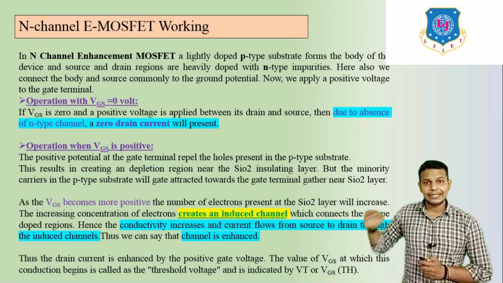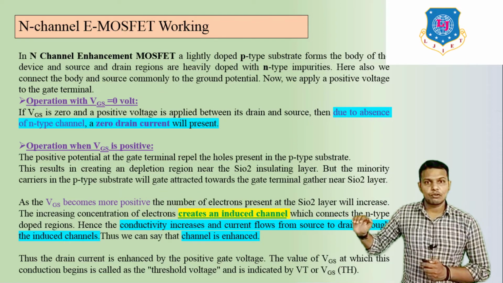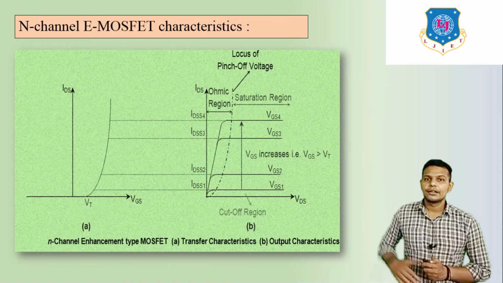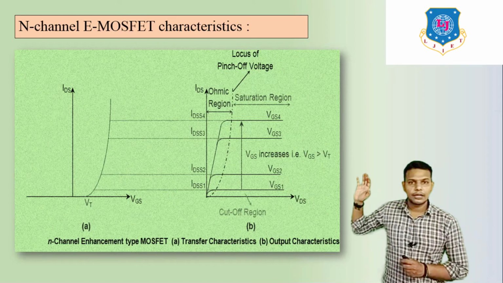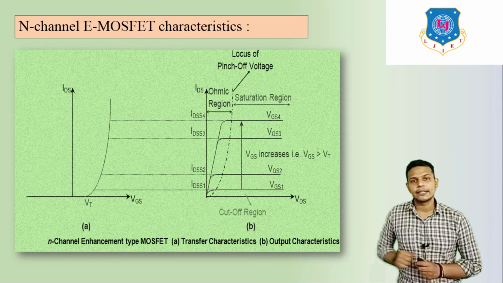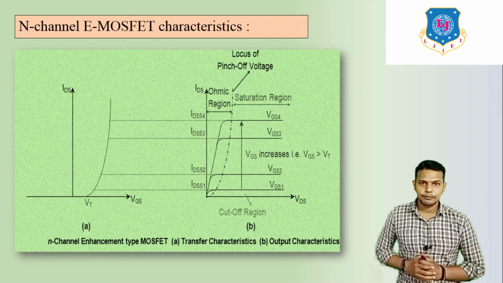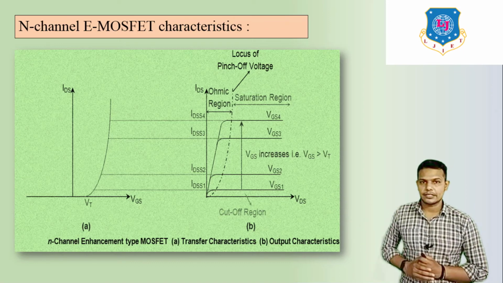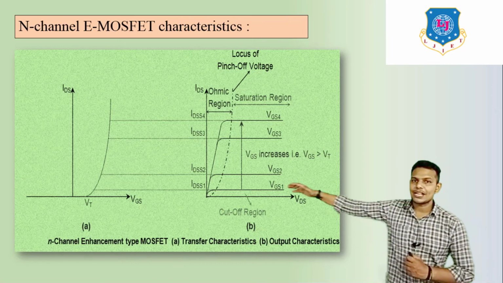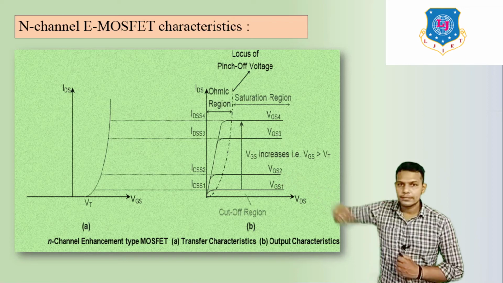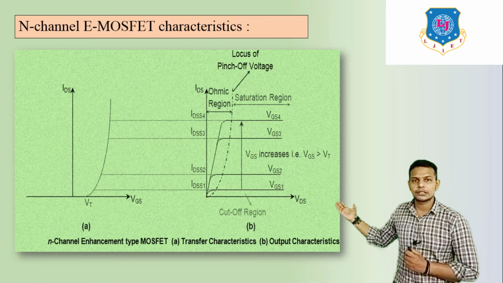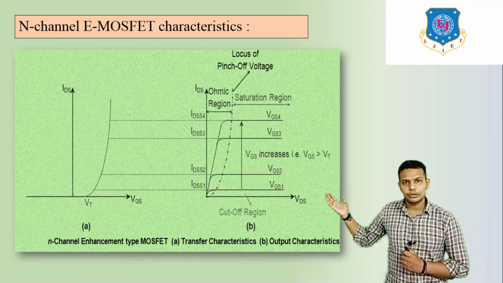After case 1, case 2 and case 3, we can plot the drain characteristics, or output characteristics. And from output characteristics, we can easily plot transfer characteristics. So this is first the output characteristics.